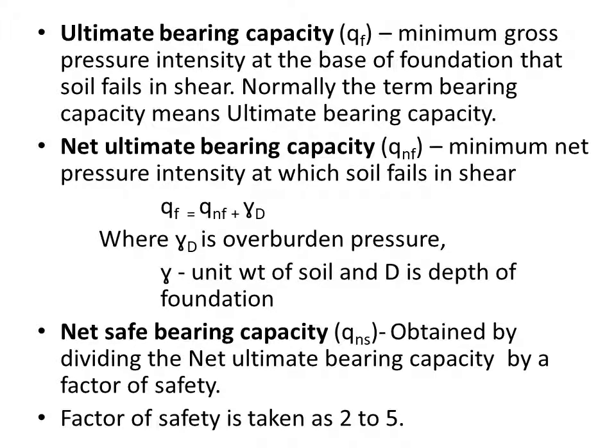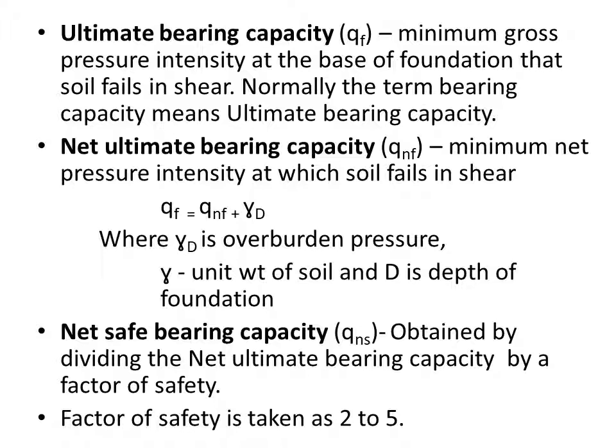Now let's see the terms related to bearing capacity. Ultimate bearing capacity, represented as QF, is the minimum gross pressure intensity at the base of the foundation at which soil fails in shear. Normally, the term bearing capacity means ultimate bearing capacity.